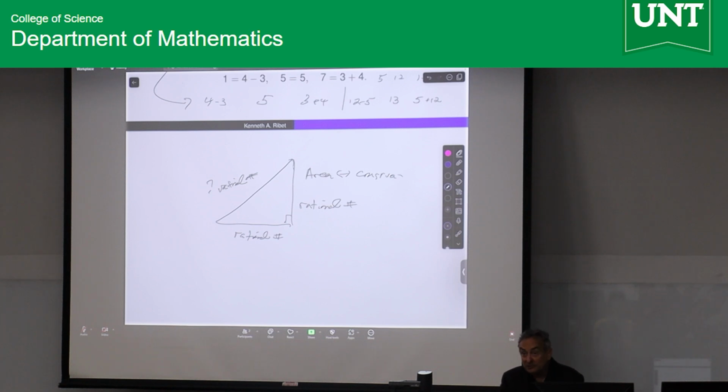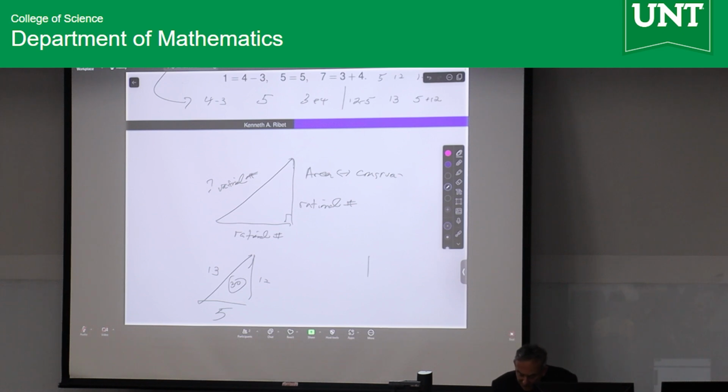But what you have to do is you have to allow for fractions, even if you want the area to be 6 or 7. So the simplest example you could think of is, let's do 5, 12, and 13. The area of this thing is 5 times 12 divided by 2, which is 30. And 30 is a congruent number, as we've seen.